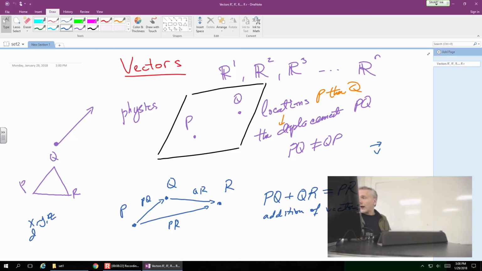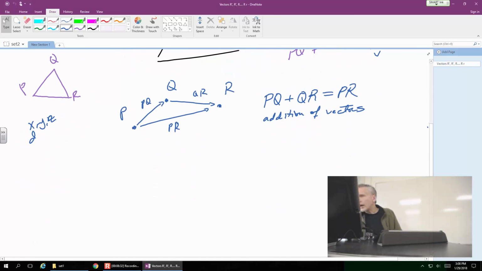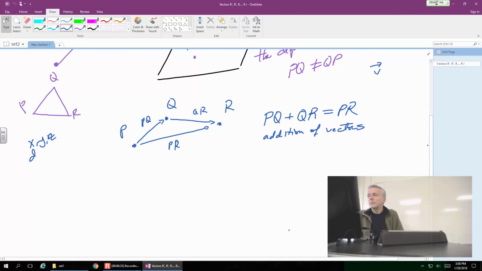In fact, this is the relation between how you can add displacements, but we have two objects of different nature here: locations and displacements.